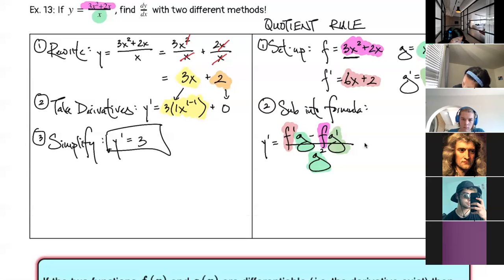That is a mouthful. So let's plug in what we have and see what we get. 6x plus 2 times x minus 3x squared plus 2x times 1, all over x squared. So here's our 1. Here's our f.